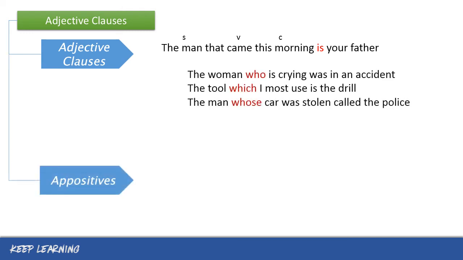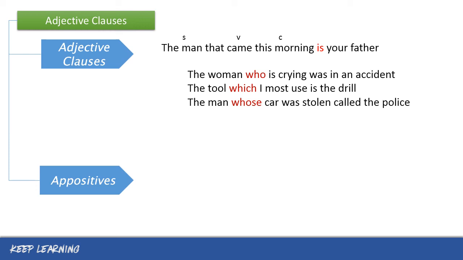Other examples: the woman who is crying was in an accident. Well, basically the woman was in an accident, but what woman? Well, the woman who is crying, right? That's the characteristic. I am using who to connect that little adjective clause.